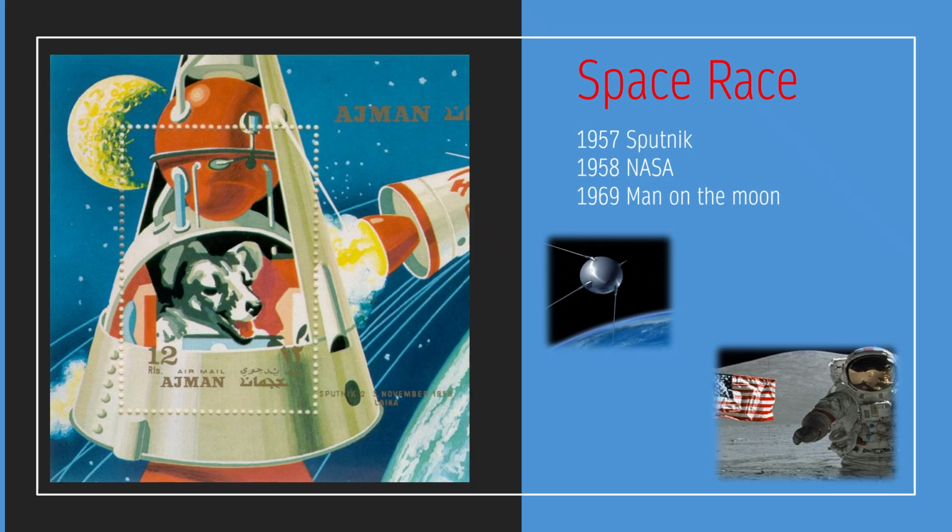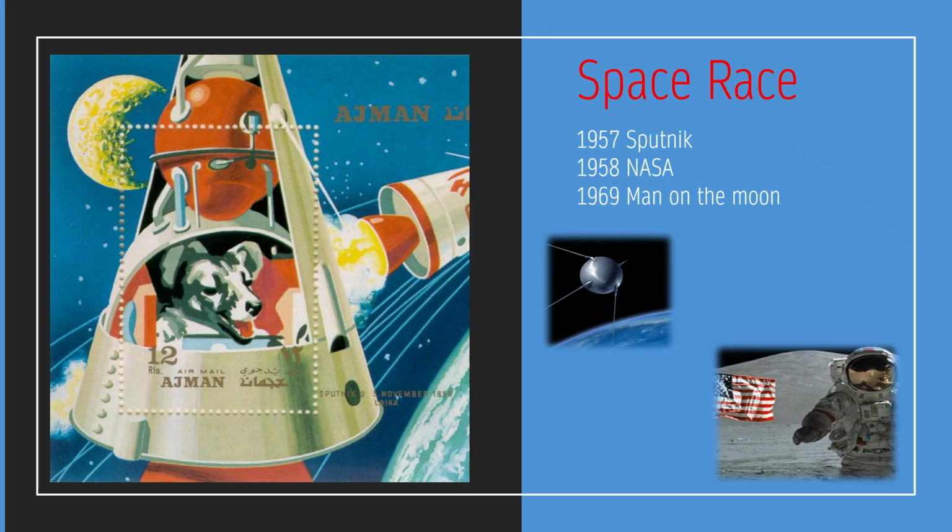So, in 1957, the Soviet Union launched Sputnik, and this is the first satellite to orbit the Earth. And then in 1958, we create NASA. You know what NASA is? That's where our space program is.